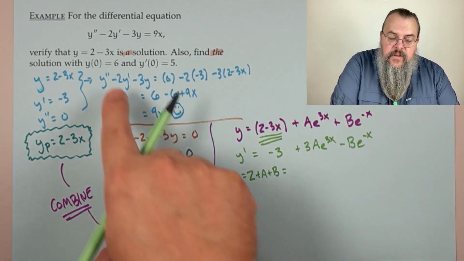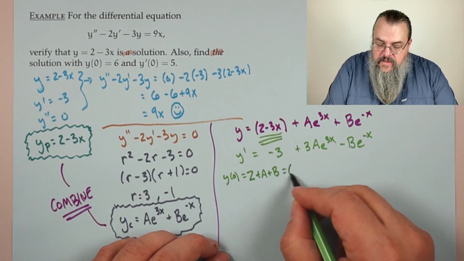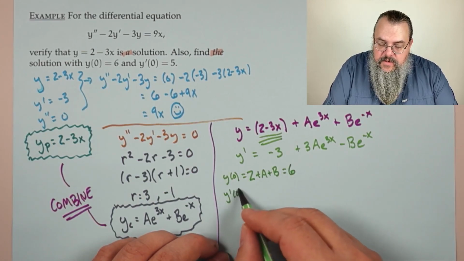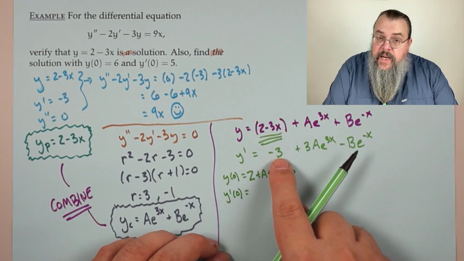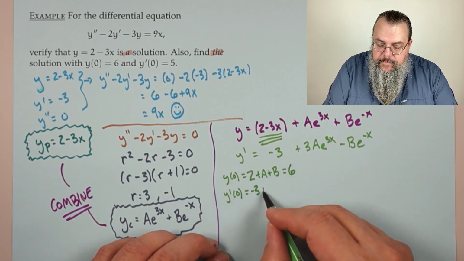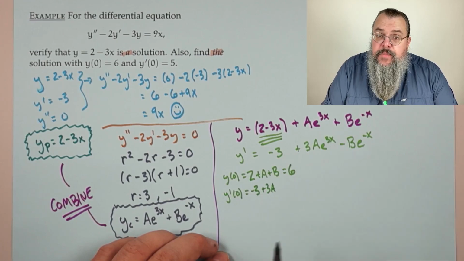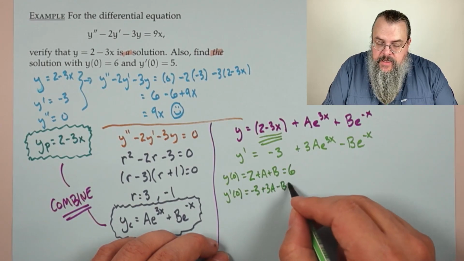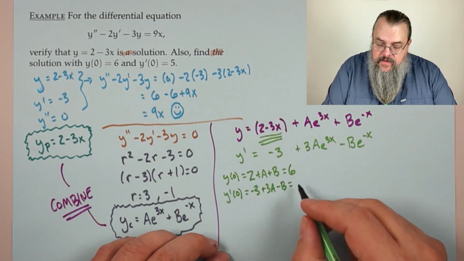And that equals 6. And y prime of 0 is minus 3, plus 3a, and minus b. And that's going to equal 5.